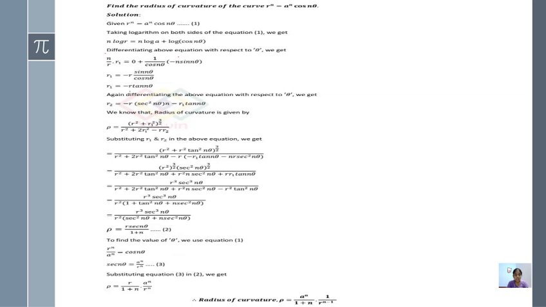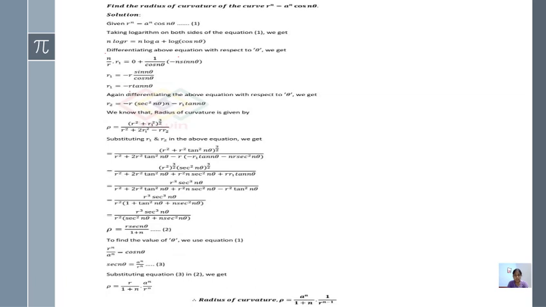Here taking r square as common and separating 3 by 2 to both terms, we get r square of 3 by 2 into 1 plus, after taking r square as common, 1 will be remaining, so 1 plus tan square n theta is secant square n theta, whole to the power 3 by 2, divided by r square plus 2 r square tan square n theta, here minus multiplying r into this term, r into r is minus r into minus r, we get plus r square into n secant square n theta, and minus r into minus r1, we get plus r into r1 tan n theta.